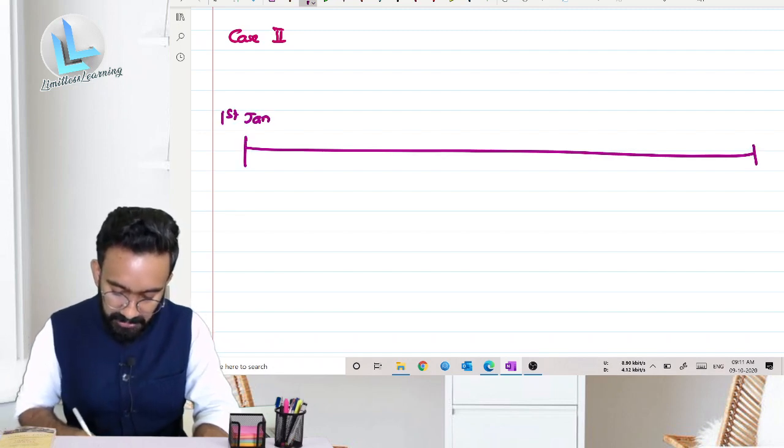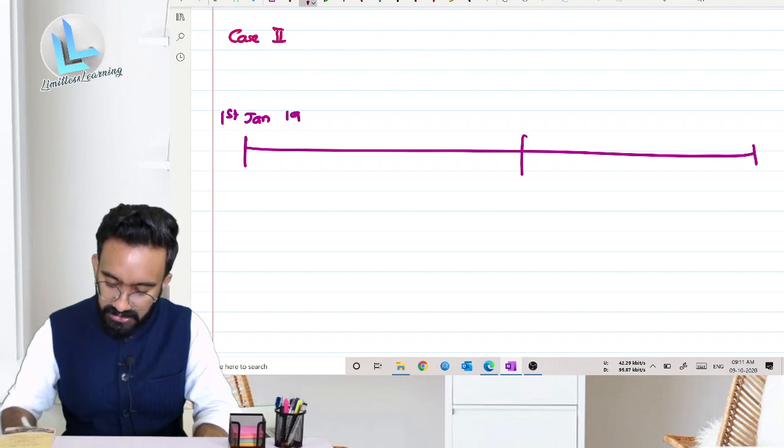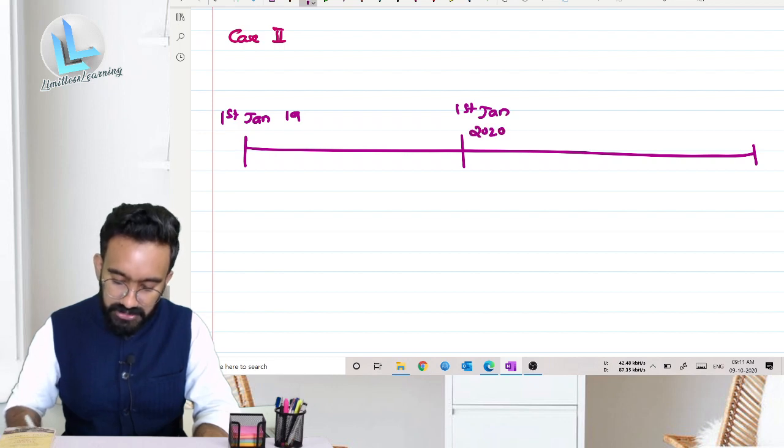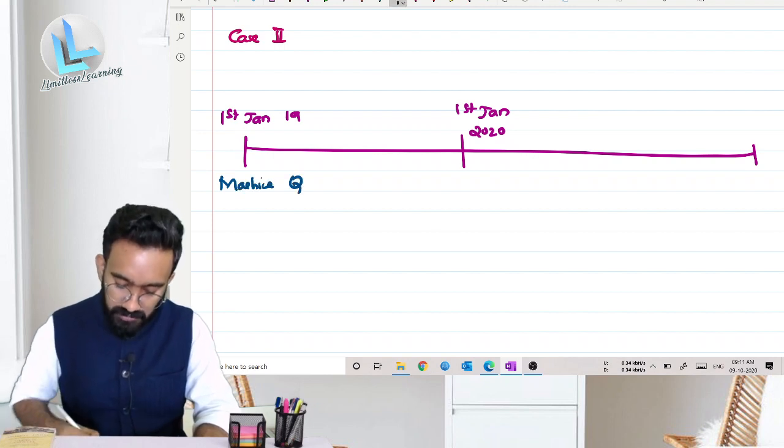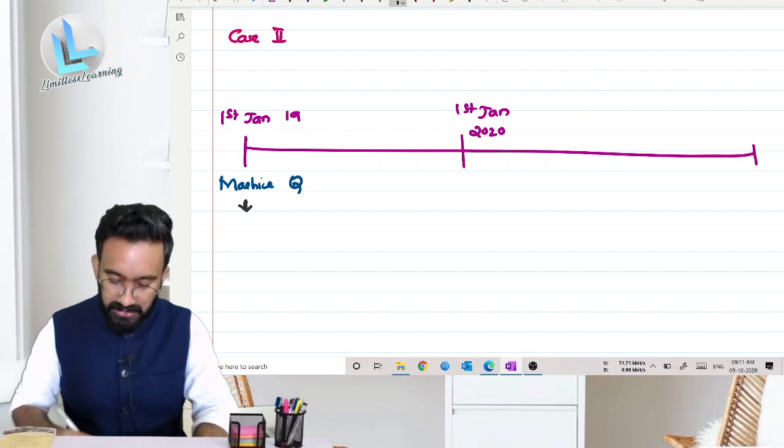Same type of example. 1st January 2019, 1st January 2020, I purchased machine Q. At the time of purchase, 1 year back.